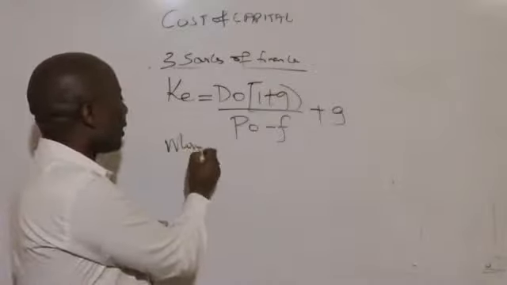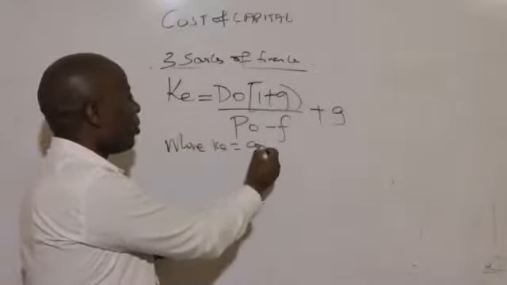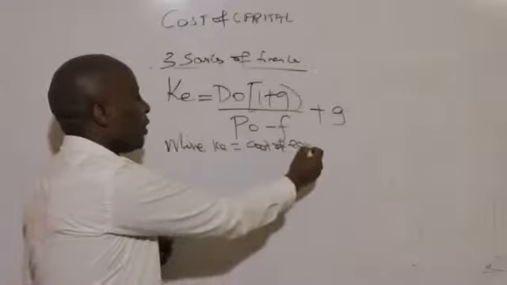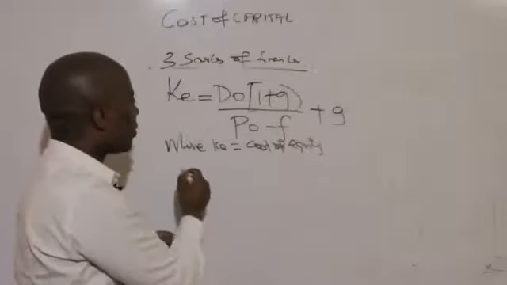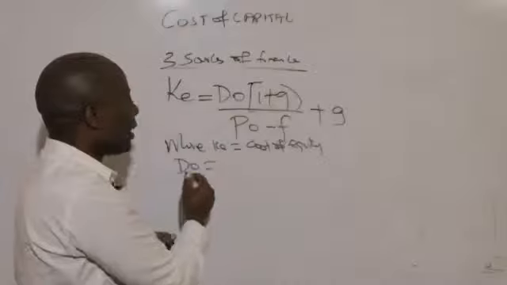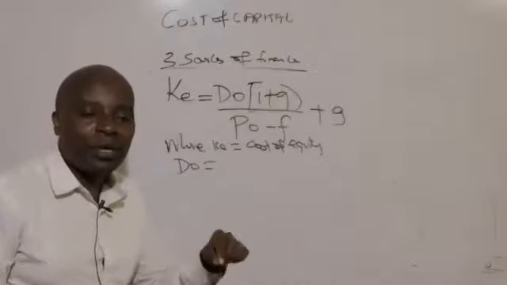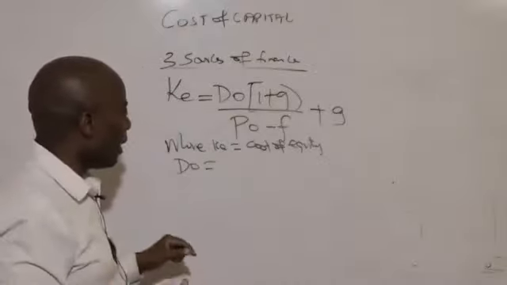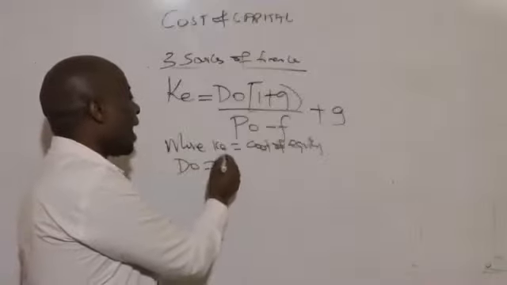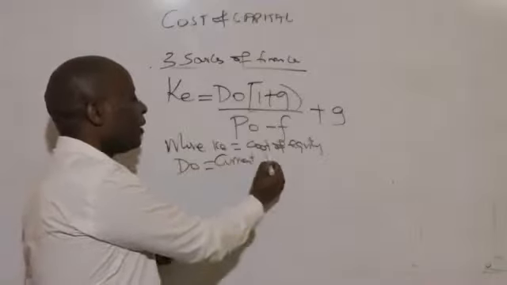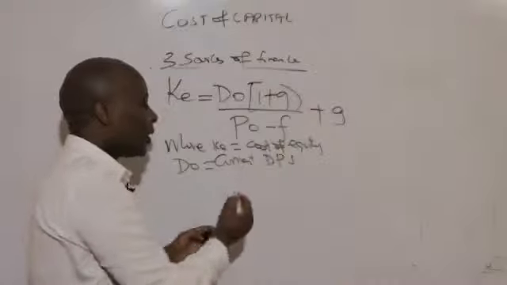Where KE stands for cost of equity. D0 stands for current. 0 means today. So D0 means current dividends per share. Please write in full.